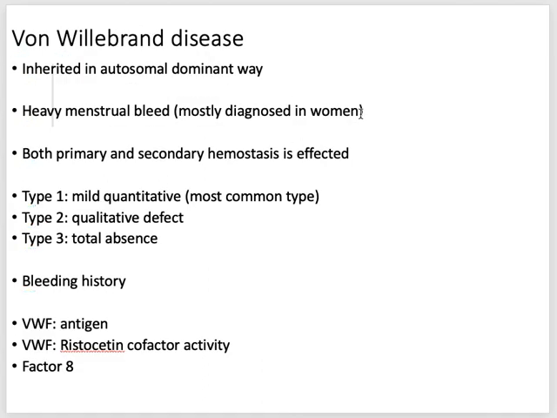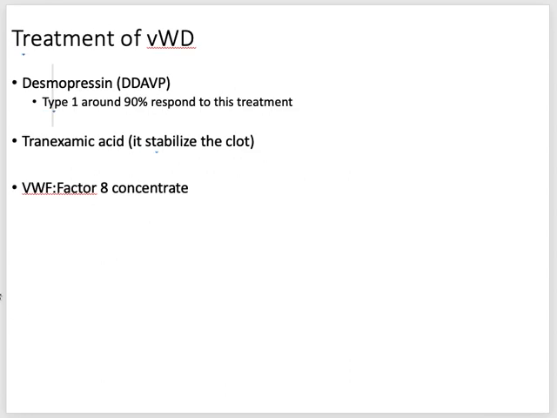It is mostly diagnosed in women. That's why I already wrote it over here. It's the most common inheritable coagulation abnormality, by the way. So gynecologists keep on writing this medication to the females. So this is important, right?